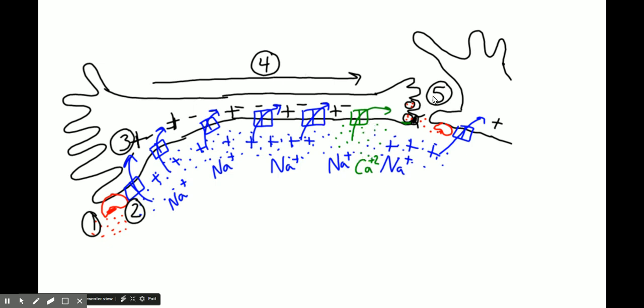Here, for step 5, in order to release the neurotransmitters, calcium needs to flood in. It needs to allow the vesicle-filled neurotransmitter to merge. The neurotransmitter then will go through exocytosis. These molecules will diffuse across the synaptic cleft to begin communication with the next neuron.